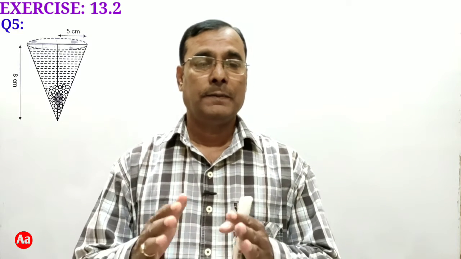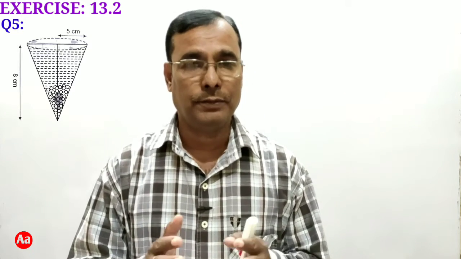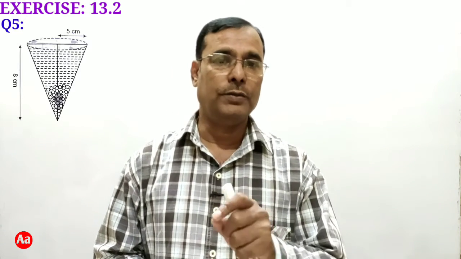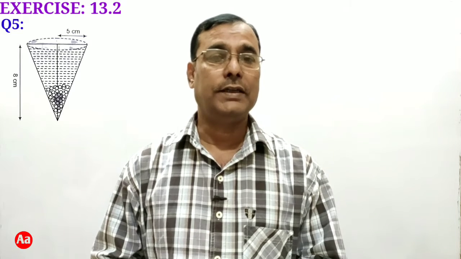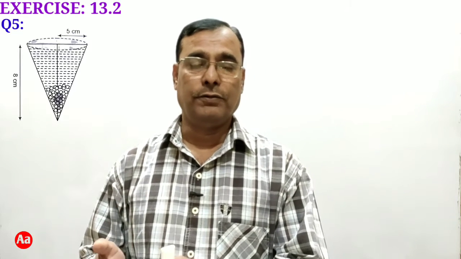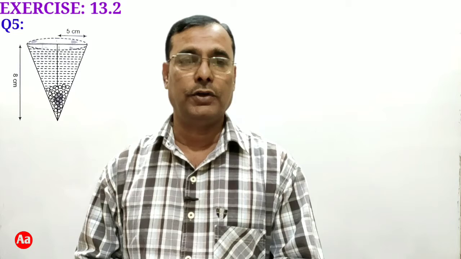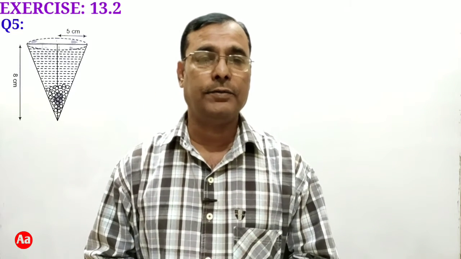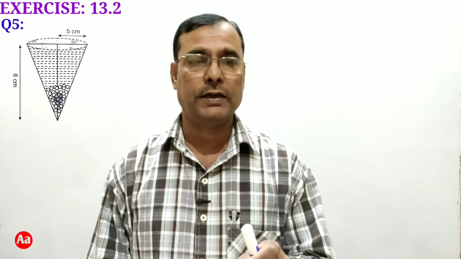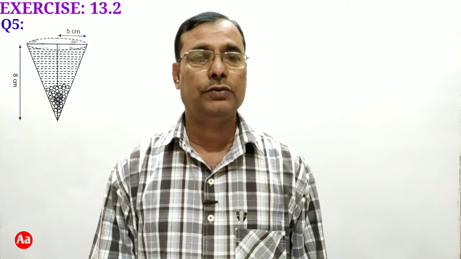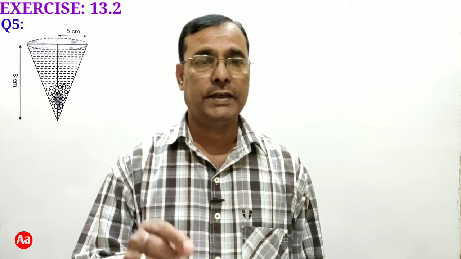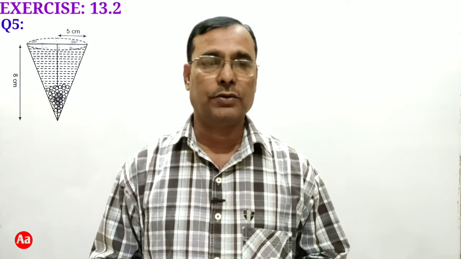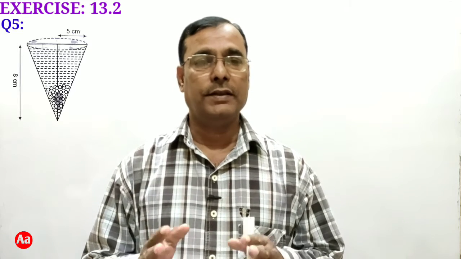So if we can find volume of water that flows out and volume of one lead shot, then dividing volume of water, that is 1/4 of volume of the vessel which flows out, by volume of one spherical lead shot will be equal to number of lead shots dropped in the vessel. So this is what we are going to do in this question.